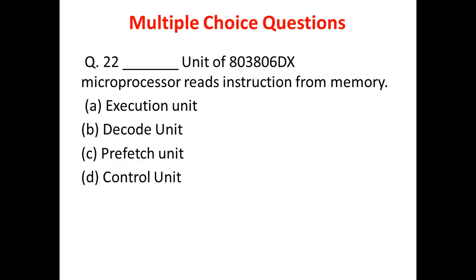The second option is the decode unit. The third option is the prefetch unit, and the fourth option is the control unit. The answer is C, that is the prefetch unit.